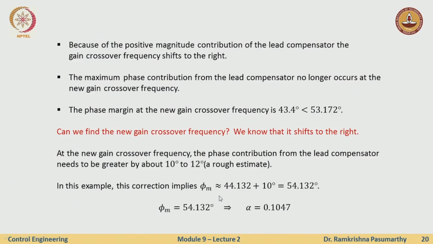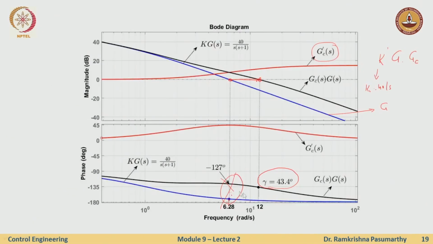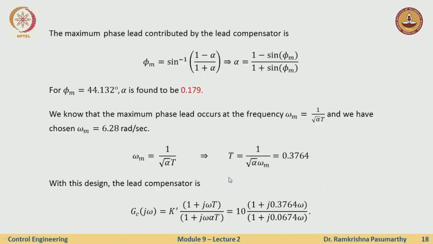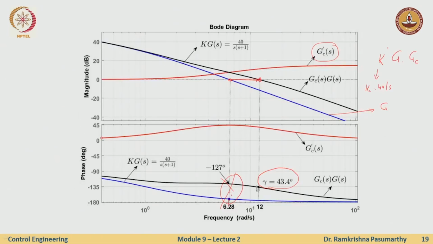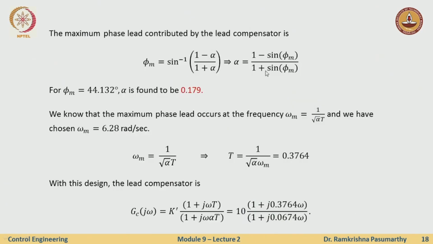So, what I should then do is shift this by some extra 10 degrees, which means that even though this is going down here, this can be 53, and the phi m here can be much higher. I just add up 10 degrees here, so that I compensate here. Now, if I design for phi m equal to 54, I can find the appropriate alpha again from the same formula, nothing changes here. Instead of 44, now just to compensate for this shift, I am adding some 10 here.